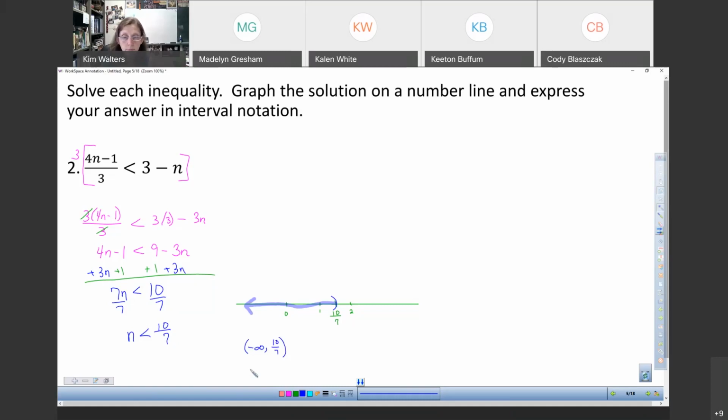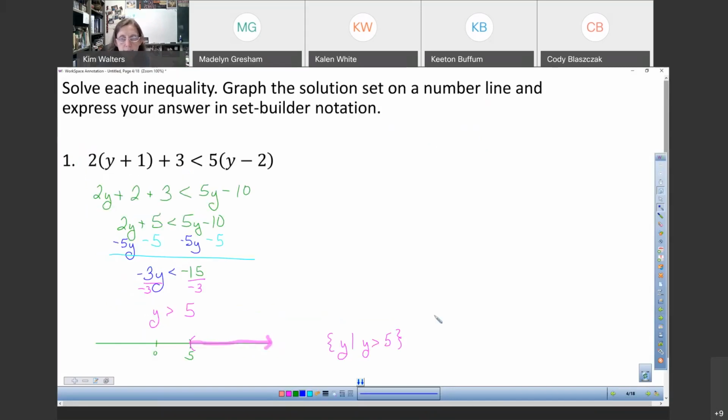Yes, I have a question. Why didn't we flip the sign? Great question. I'm only going to flip the inequality sign if I multiply or divide by a negative number. So in the last one, I divided both sides by positive 7, so my inequality didn't turn around.